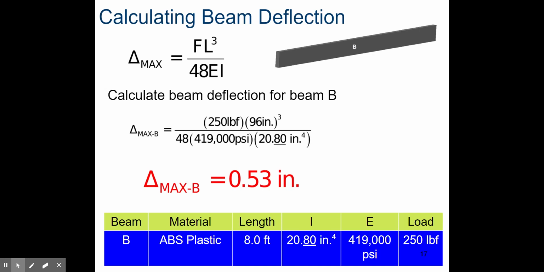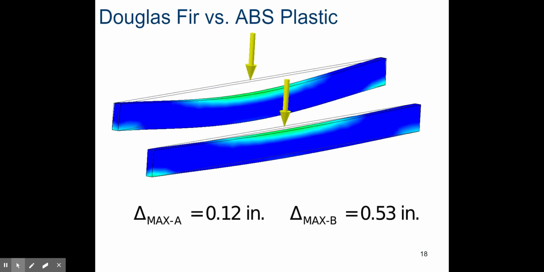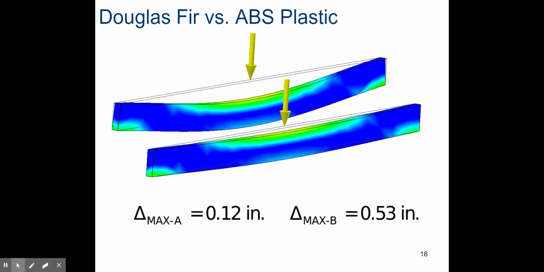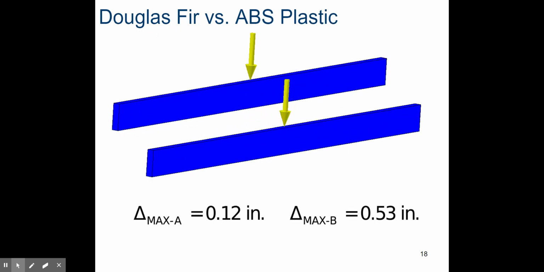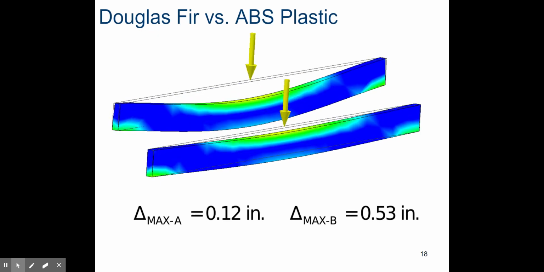The deflection is 0.53 inches, so significantly larger. I think it's about 3 times as much deflection. Ooh, more than that, more than 4 times. So 0.12 as opposed to 0.53. Again, that's why the plastic bends much more: it has a much lower modulus of elasticity E.